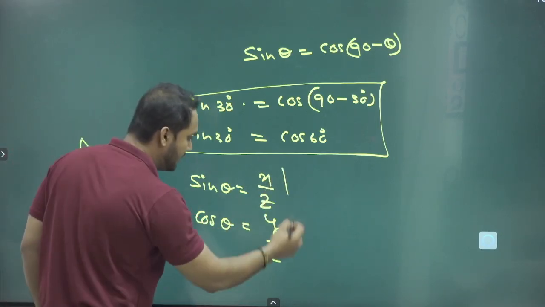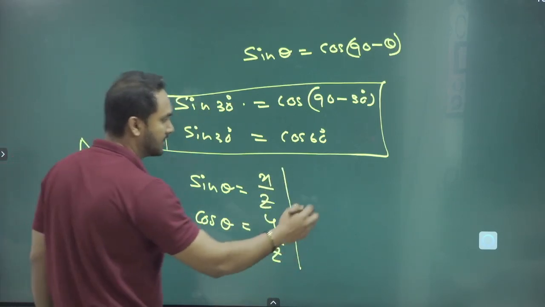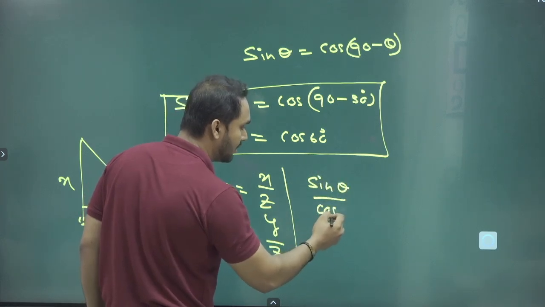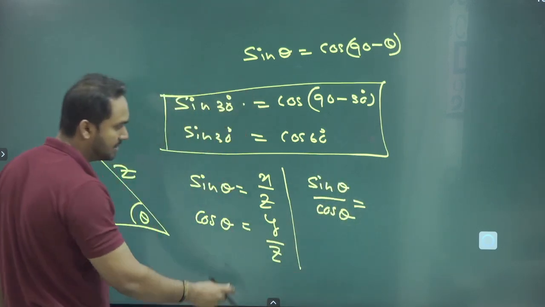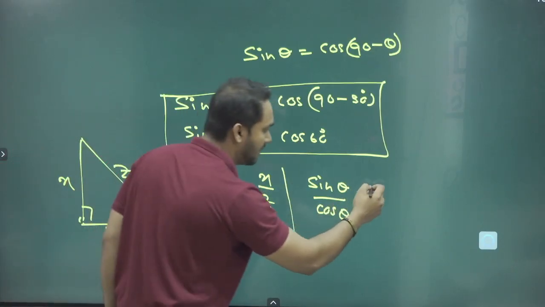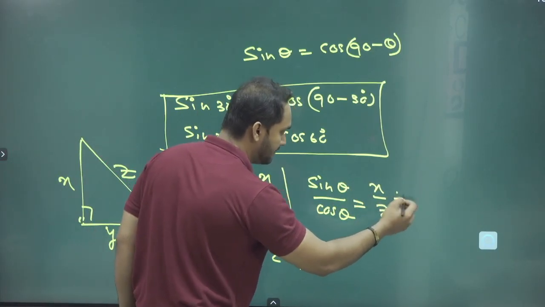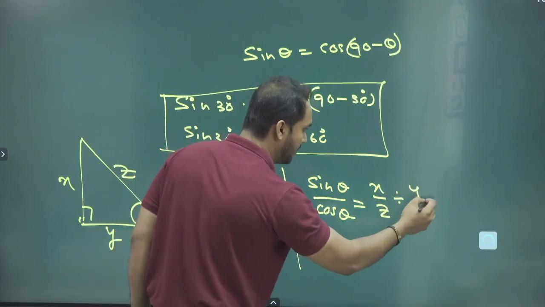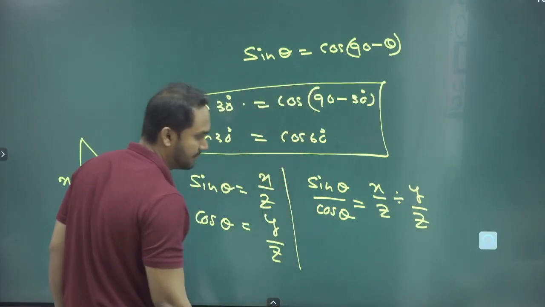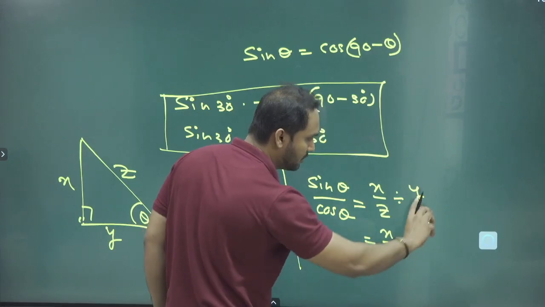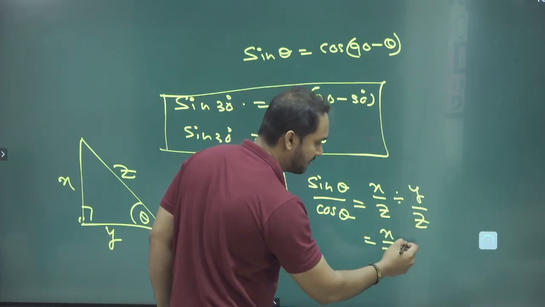And what if I divide sin theta by cos theta? Sin theta divided by cos theta, that means x over z divided by y over z. So now these two will be reciprocal, right, with the multiplication.